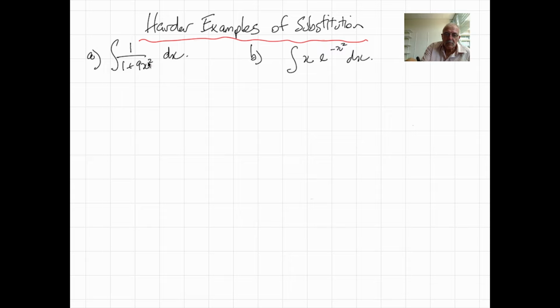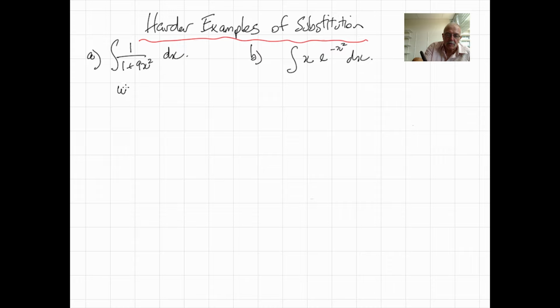What examples in the table of integrals that you've learnt look a little bit like this? Well, you know that if it's 1 over 1 plus x squared, that will be arctan. So we'll make this u squared, and so that might help us. What we're going to try and do is go 1 over 1 plus u squared.